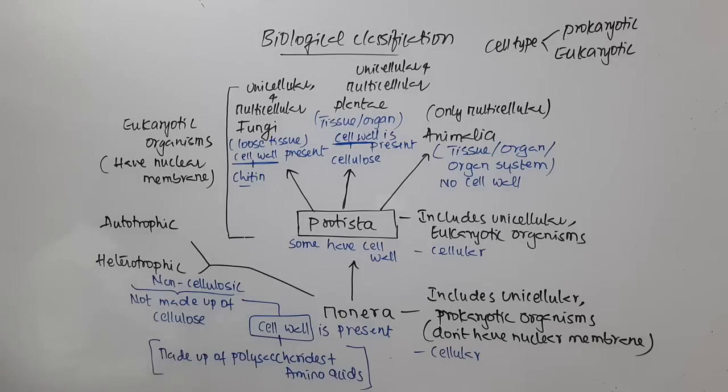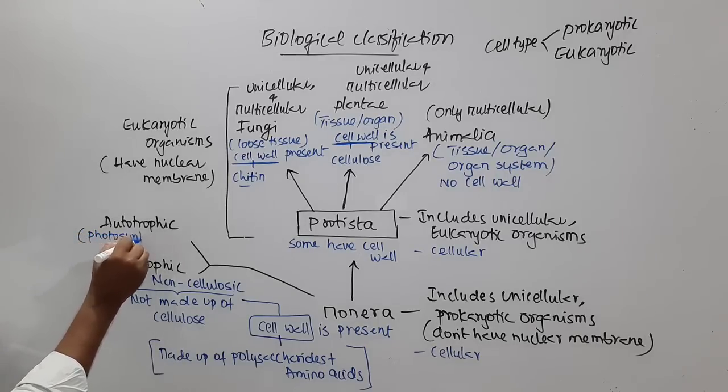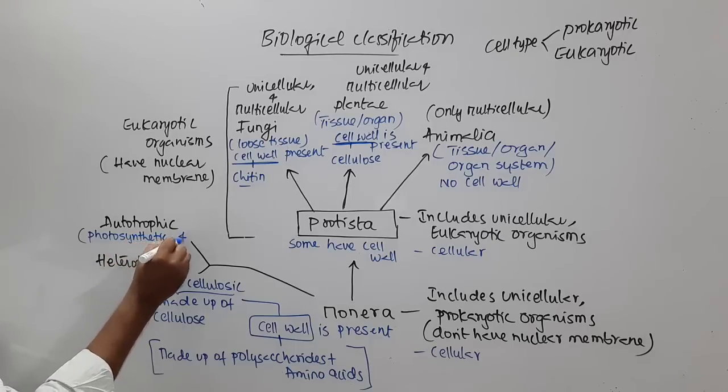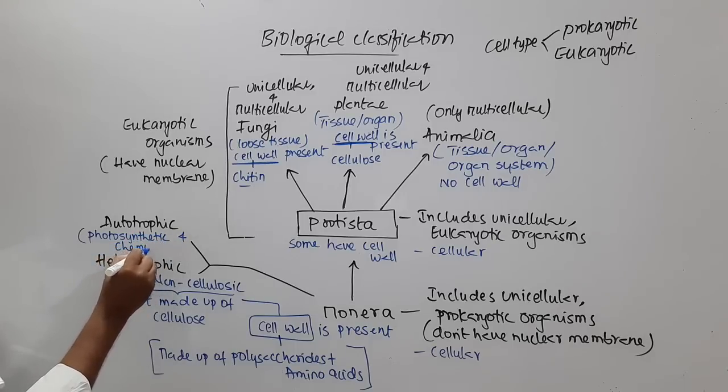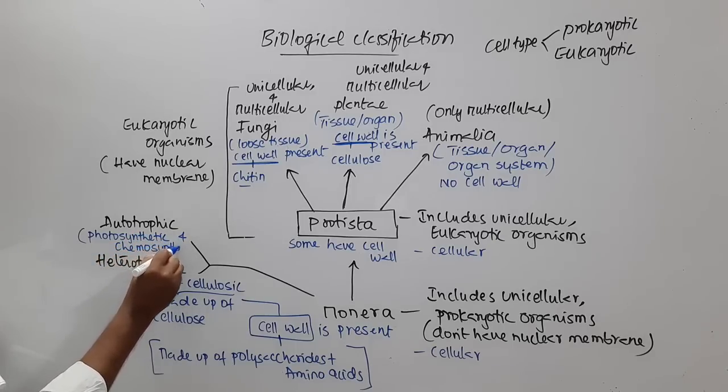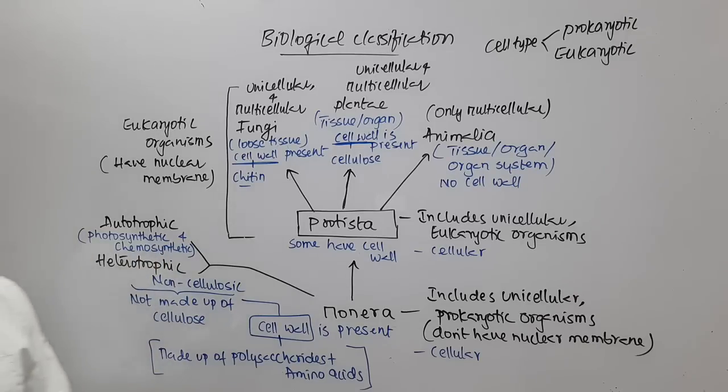Under autotrophic, it shows 2 modes of nutrition. That is photosynthetic and chemosynthetic.